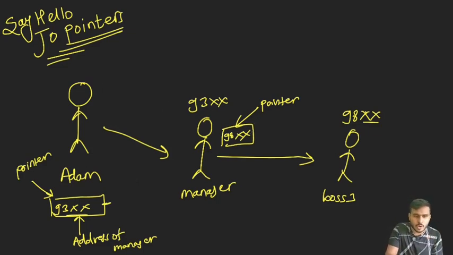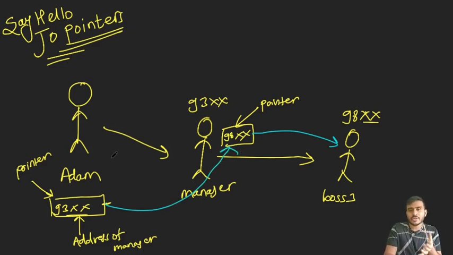Okay, pointer to what? Let me just change the color of my pen. See, this card is a pointer to this variable. This boss 3 is nothing but one variable. Okay, so this card is a pointer to this variable. So this is a pointer, right? And this card is a pointer to this card. See, Adam has to first connect with the manager, and then the manager will connect to his boss.